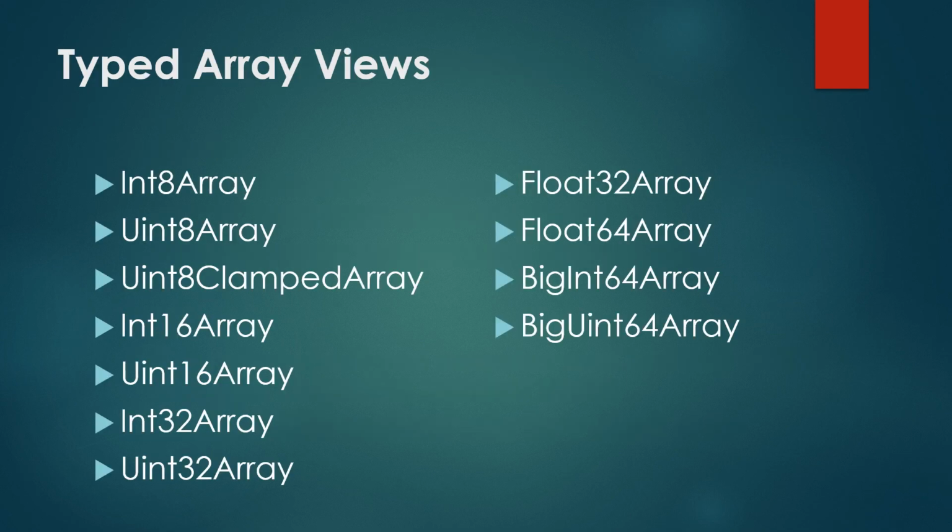JavaScript gives many types of array views to create from that buffer: Int8, Int16, Uint8, Uint16, and BigInt64, BigUint64, everything. You can find all this information in the JavaScript documentation by Mozilla, and I will put a link in the description of this video.